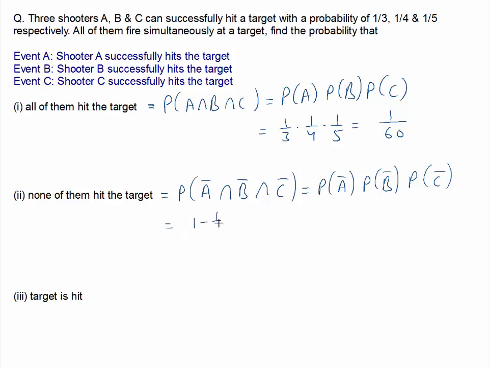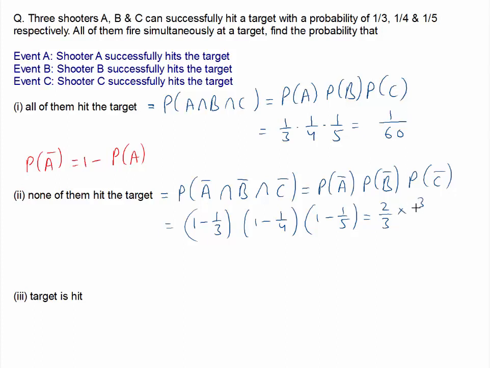So that is 1 minus 1 by 3, because P of A complement would be equal to 1 minus P of A. Same thing will be used for probability of B complement, that would be 1 minus 1 by 4, and for C complement it would be 1 minus 1 by 5. So that would be 2 by 3 multiplied by 3 by 4 multiplied by 4 by 5. So that would be equal to 2 by 5.